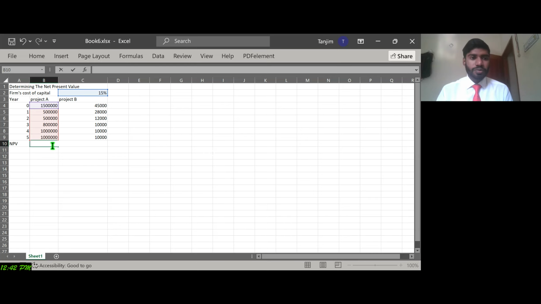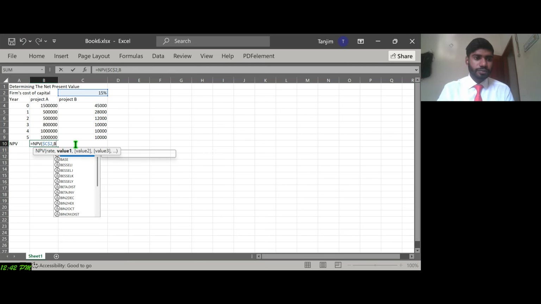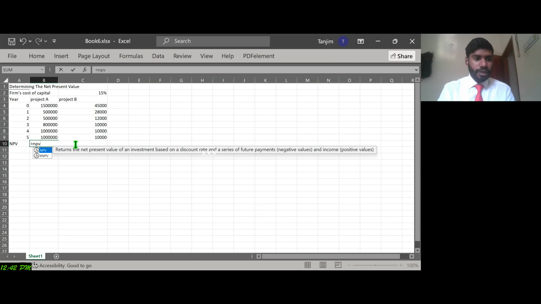So we can see project A or project B, choose A or B. Here the NPV is equal, then we select NPV, then first bracket. After that it's the rate.